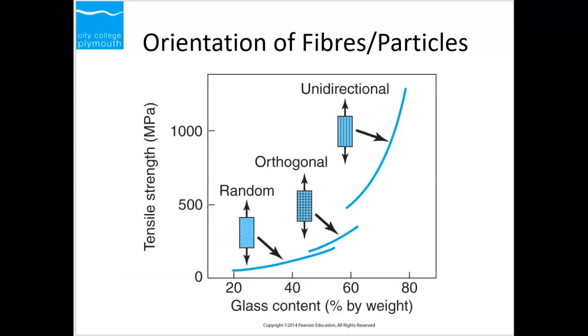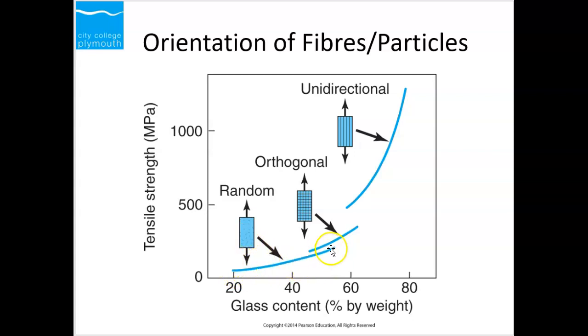Now, if you have a look at this diagram, this is a graph of tensile strength in megapascals against the percentage of glass content by weight as glass fiber. I added the glass fibers here, which are particulate, in a random direction. So just grind them together and add the glass fibers. You can see the strength can go all the way up to here.